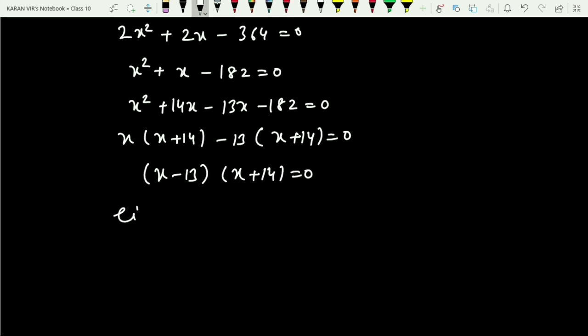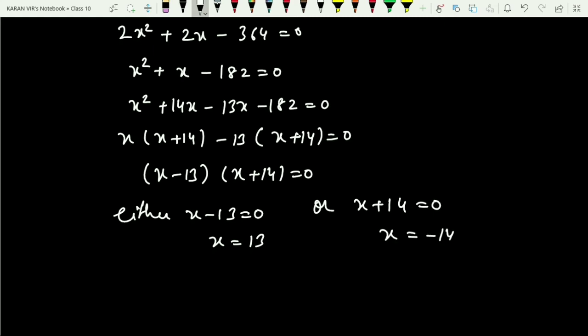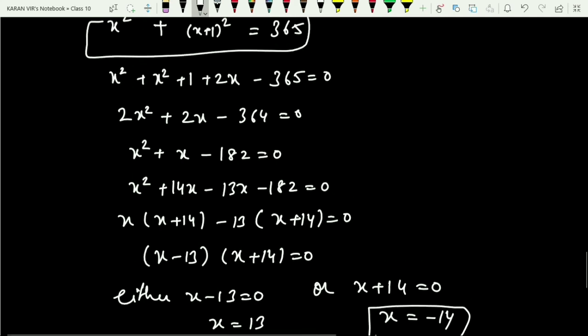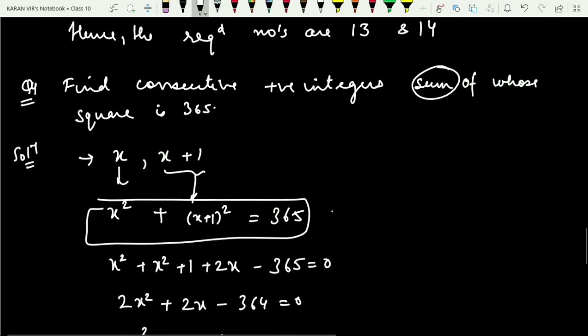So either x minus 13 is 0, so in this case x will be 13, and if x plus 14 is 0, this implies x equals minus 14, and in case x is minus 14, this case is rejected. Why is this case rejected? Because we are asked about positive integers in the question. Read the question again.